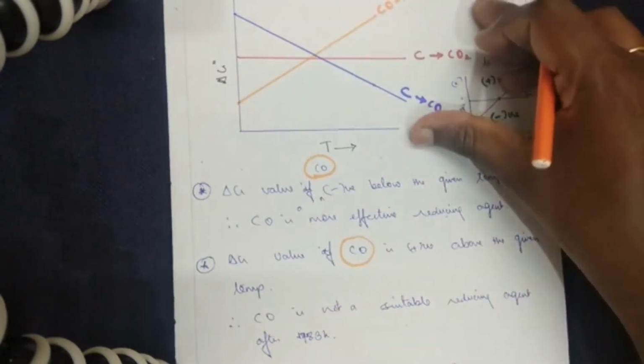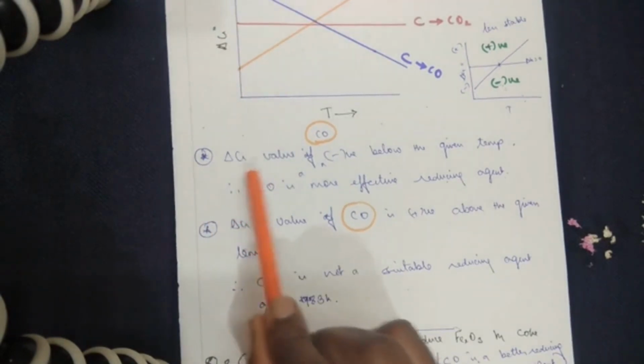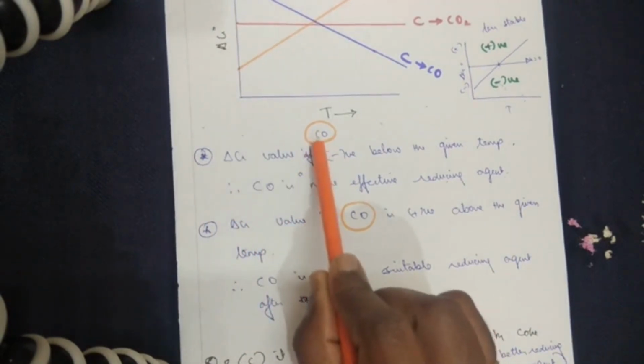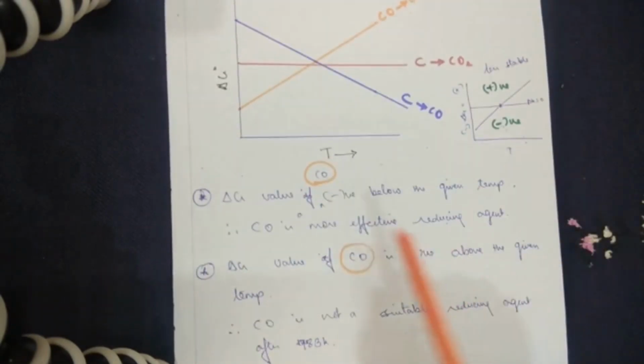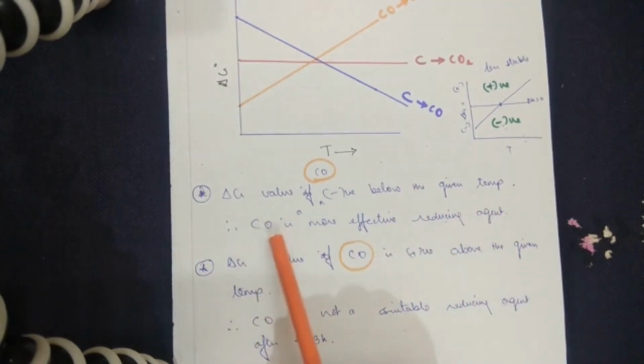This is all an explanation. From the exam point of view, all you have to write here is: delta G value of carbon monoxide is negative below the given temperature. Therefore, carbon monoxide is the more effective reducing agent.